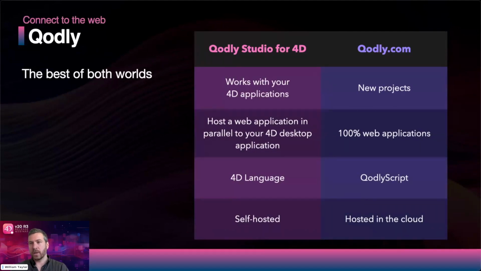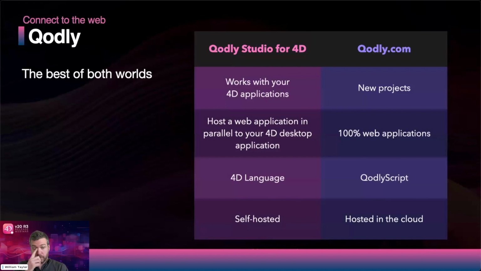It's a rapid application development environment, similar to what 4D is and has been since its inception. But what 4D did for the desktop application, Qodly is that for web and business applications. And there are two places where Qodly is implemented. One is Qodly Studio for 4D, and the other is Qodly.com.